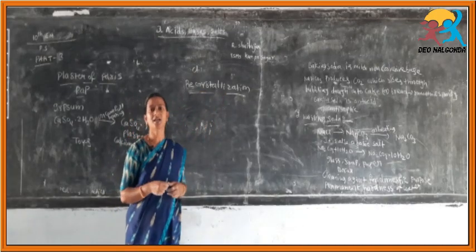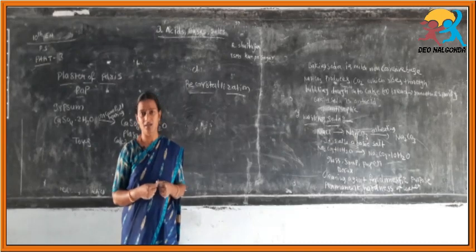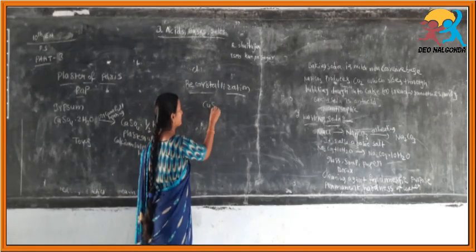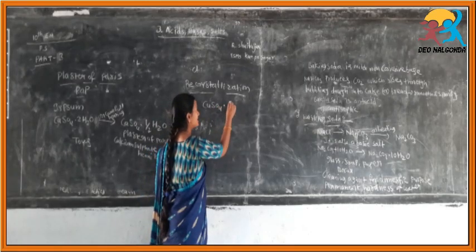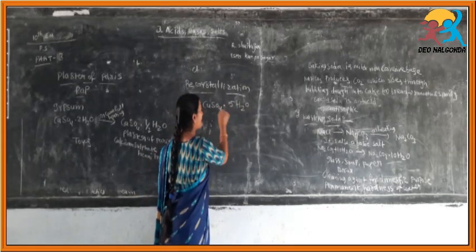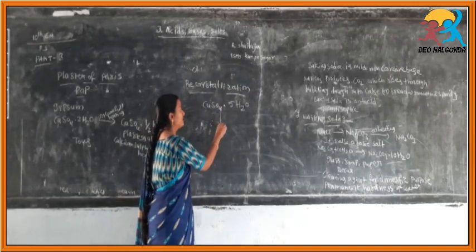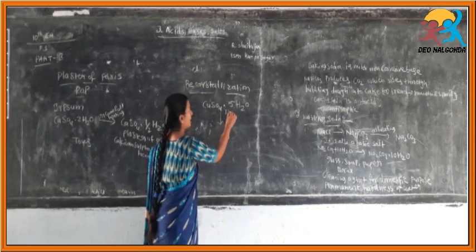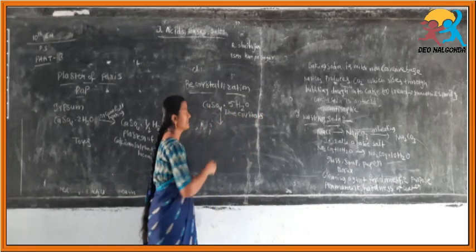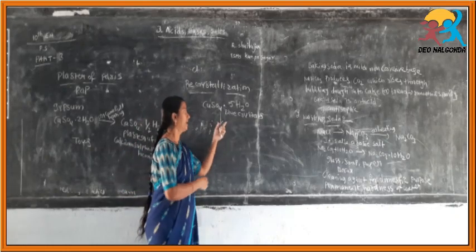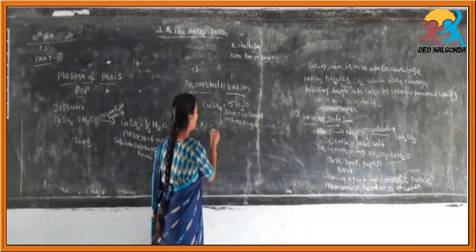Have you seen copper sulphate crystals? What color are they? Blue in color. Copper sulphate crystals are blue, CuSO4·5H2O. On heating these blue crystals, what happened?